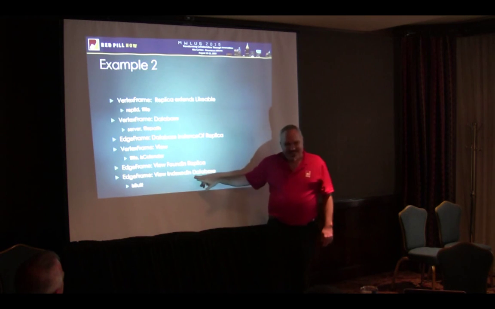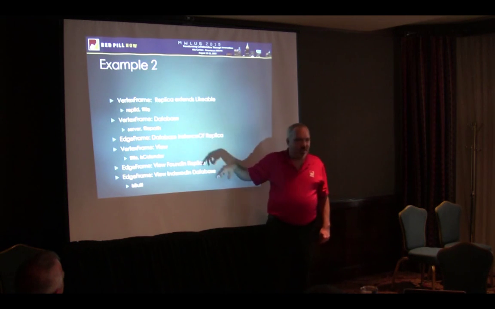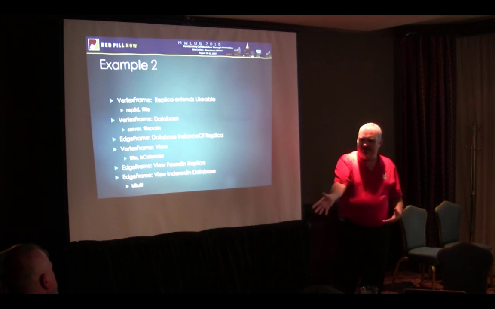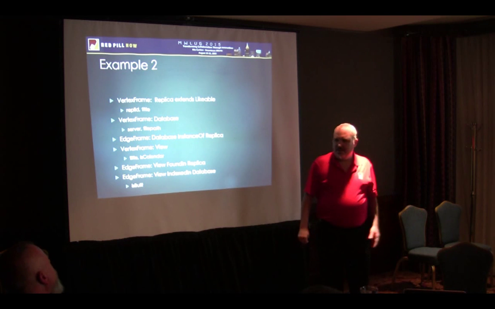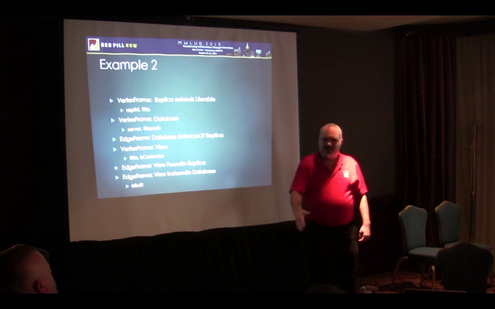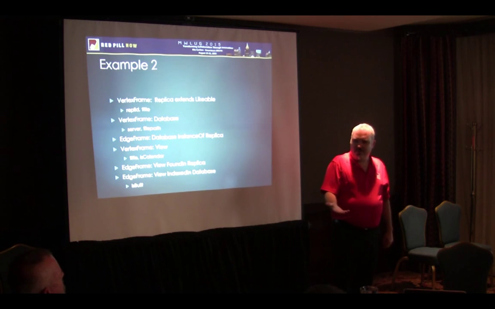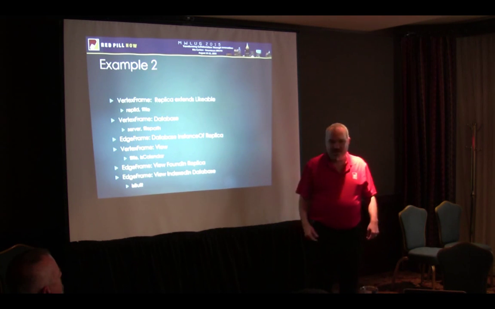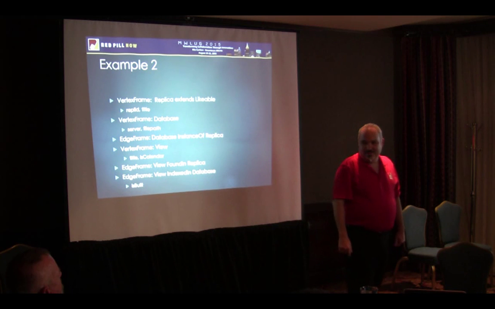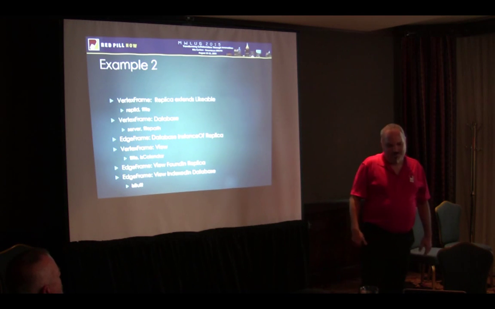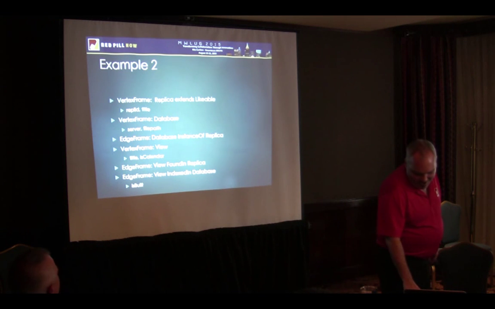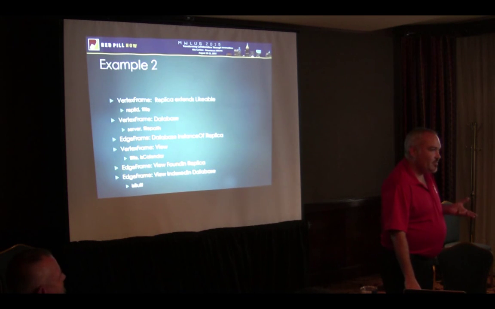But the view index information is specific to the database, because it may be in one database but not in another. You have multiple replicas and views indexed here, but it's not indexed over there. This gets particularly handy when you decide what you want to show to a user in a portal. If they ask for the index and you know it's not built here, but it is built over there, then go to the place where it's already built, rather than build an index that doesn't exist yet, because then they have to wait for it, and they don't like that. Still make sense to everybody? Okay, cool.